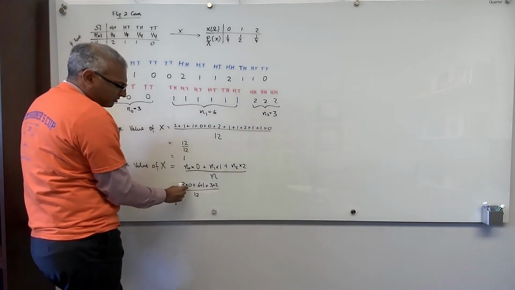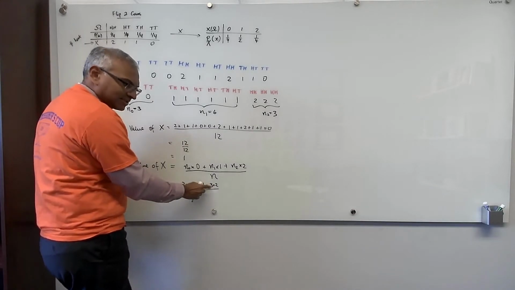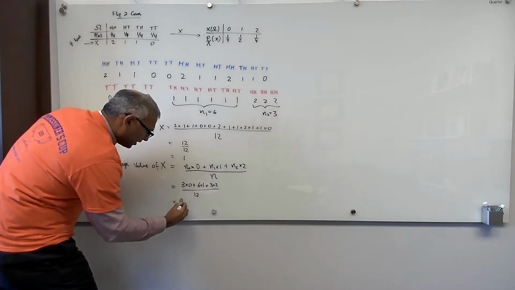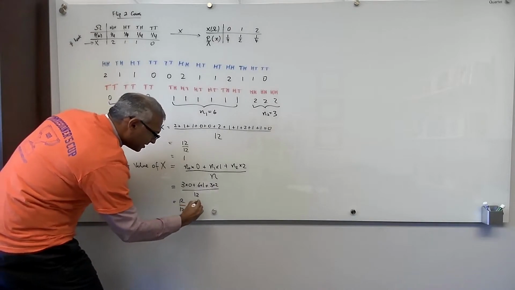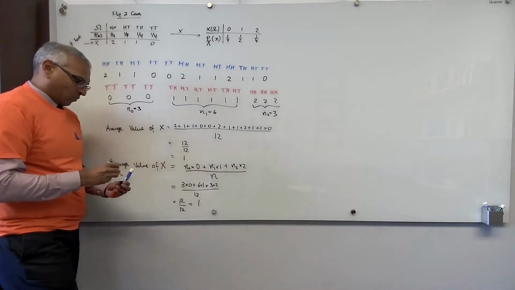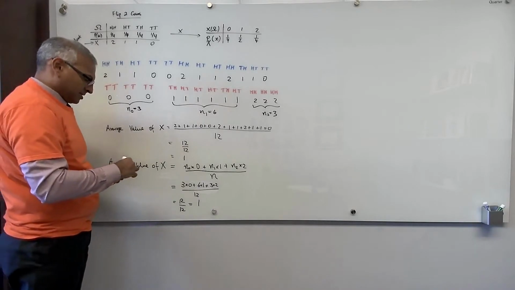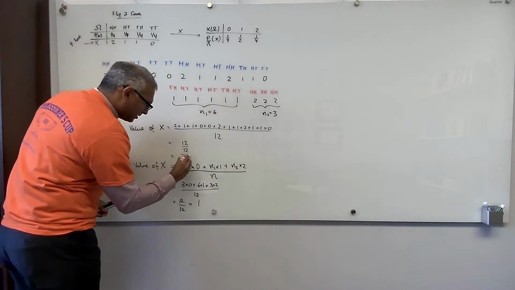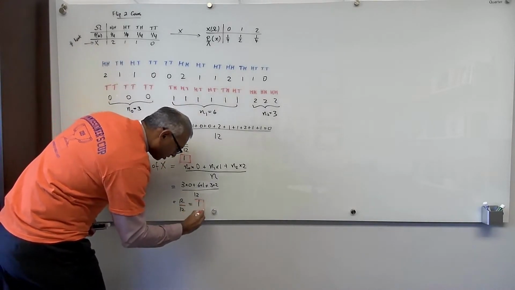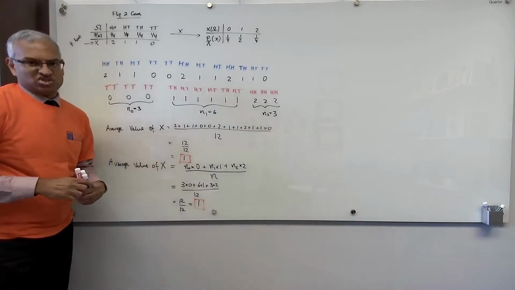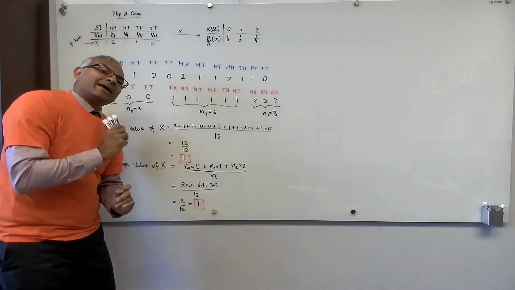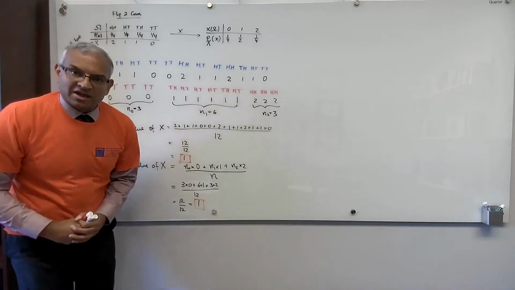So now what do I get? 3 times 0 is 0, plus 6, plus 6, which is 12 over 12. And no surprise, I get the same value, 1. So let me box it. In this case, I got the value 1, and in this case, I also got the value 1. It's no surprise. I didn't change the average. I just changed the way I approach the calculation of the average.